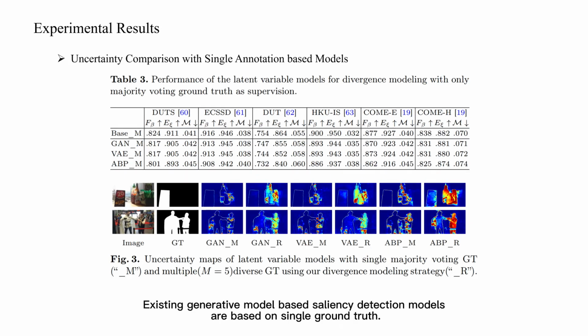Existing generative model-based saliency detection models are based on single ground truth. To compare uncertainty maps based on the single annotation and multiple annotations, we train the 3 latent variable models with single majority voting ground truth and show the model performance in Table 3 and the visualization results in Figure 3.